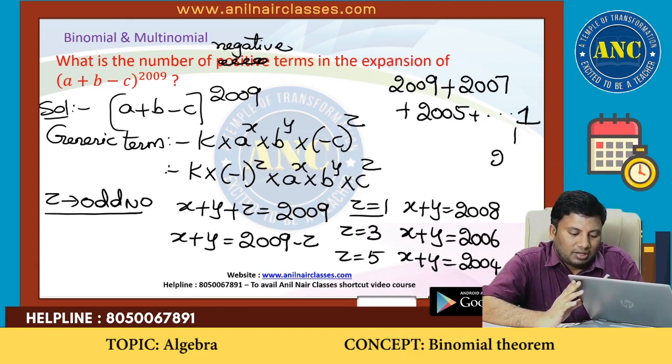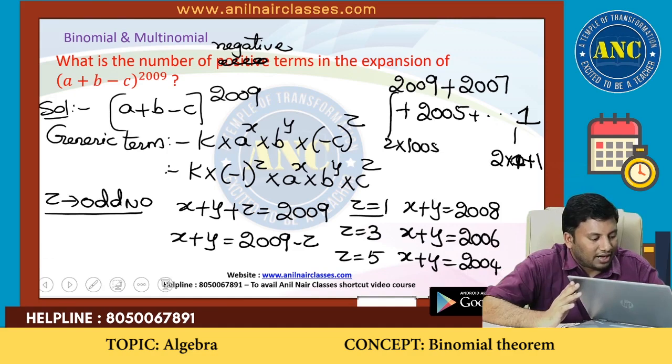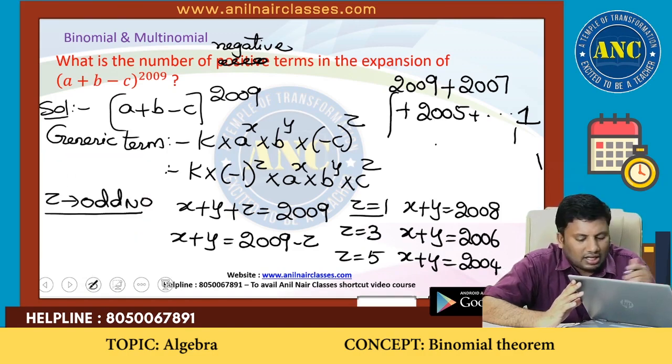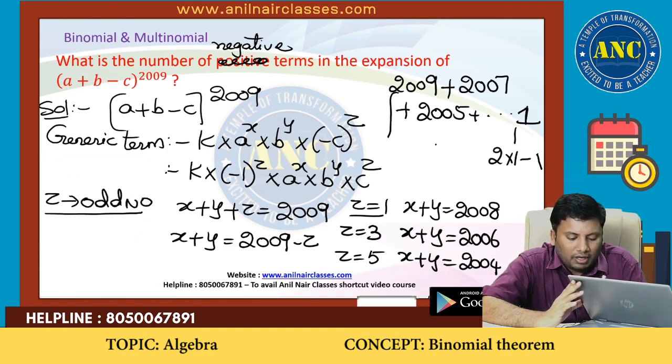This is nothing but 2 into 1000, 2 into 1 minus 1. Once you understand, these are all easy questions, sir. This is nothing but 2 into 1005 minus 1.